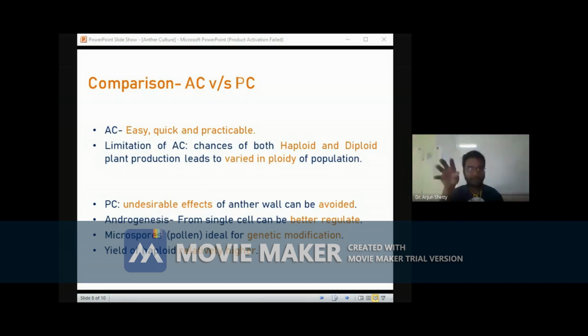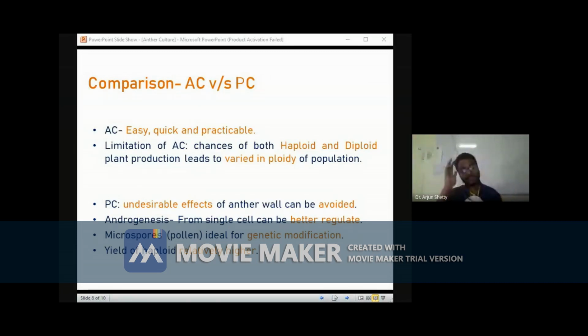We cannot regulate from which cells or from which part or area the plants in vitro are being produced, because we cannot control whether the plants are produced from the pollen mother cell, pollen grains, microspores, anther walls, epidermis, tapetum or endodermis. We cannot control or easily identify which are responsible for the production of a plant.